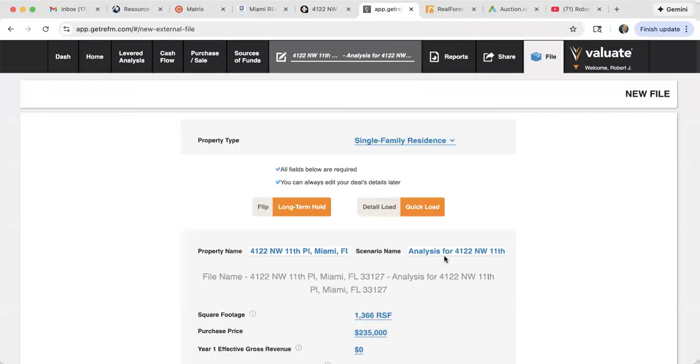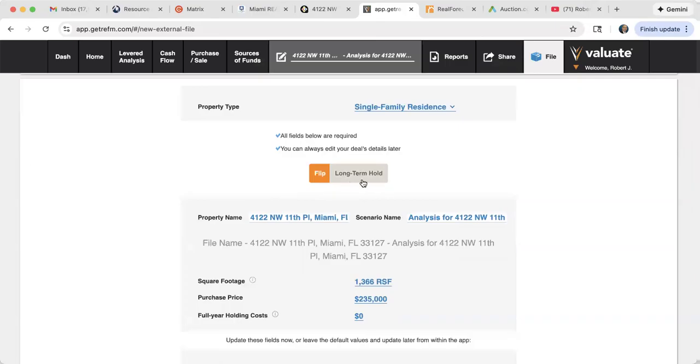All right. So with Valuate, you guys can analyze returns on a quick fix and flip, which is the option right here, flip, which is what we're going to do. Or you can analyze a long-term hold. So for rental income purposes, right?